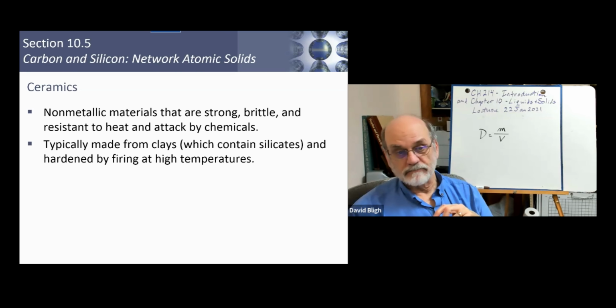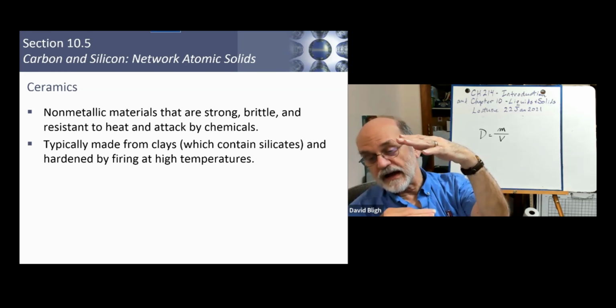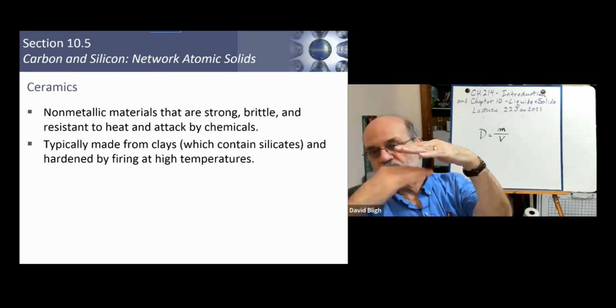In fact, ceramics were used on most of the surface of the space shuttle because they were heat insulators. In other words, if you have a ceramic brick on the surface of your space shuttle and the temperature outside is 2,500 degrees Fahrenheit, the heat is not going to be efficiently transferred from one side to the other.